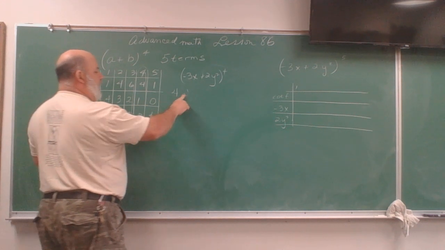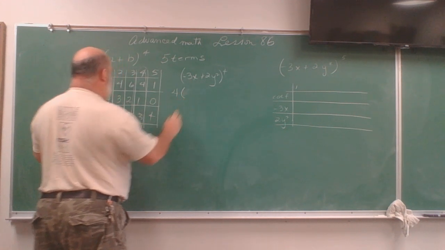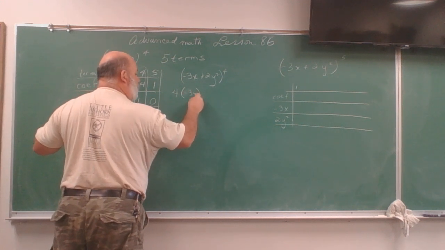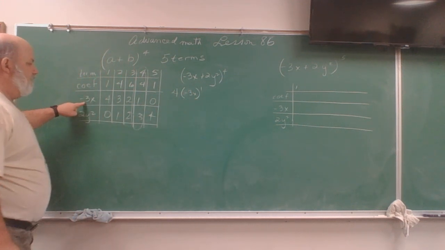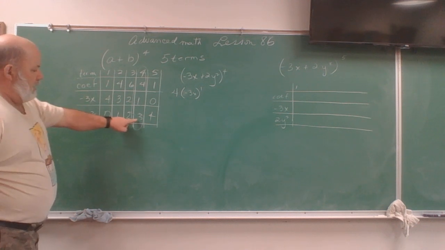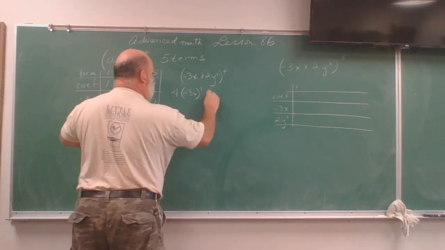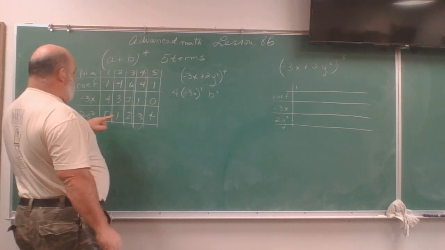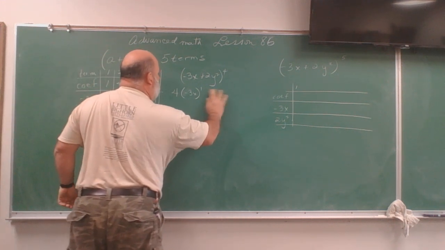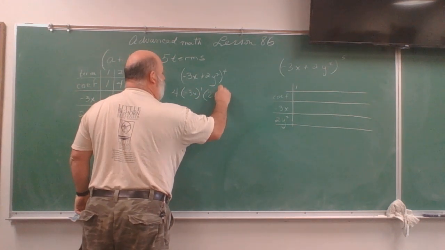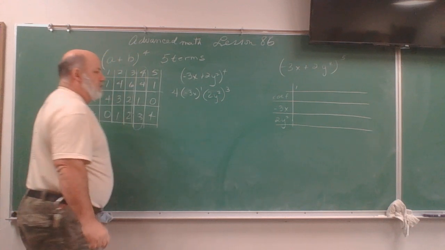Well, it's not going to be a to the first power. It's going to be negative 3x, the whole thing to the first power. In that first example, we had b cubed here. Well, it's not going to be b cubed. It's going to be 2y squared, the whole thing cubed.